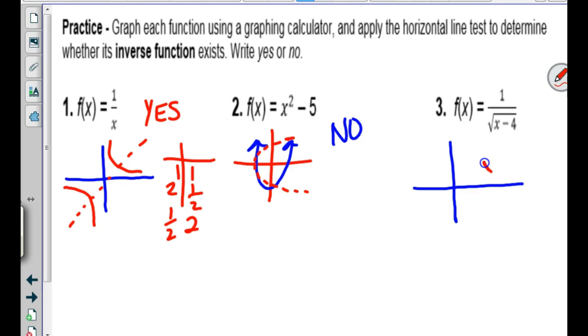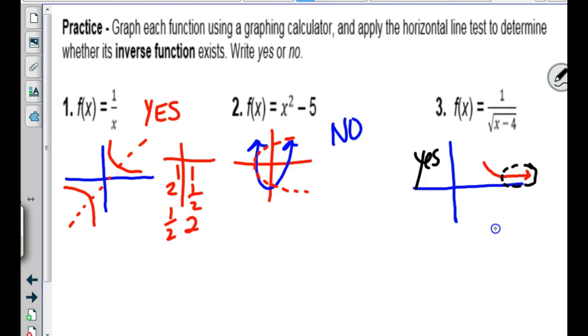It's like this. Okay. So what do you think? Does it pass the vertical line test? Does it pass the horizontal line test? The question for some of us is, is this getting perfectly horizontal or not? And I think if you trace there, it's not. So therefore, I think yes, it would pass.